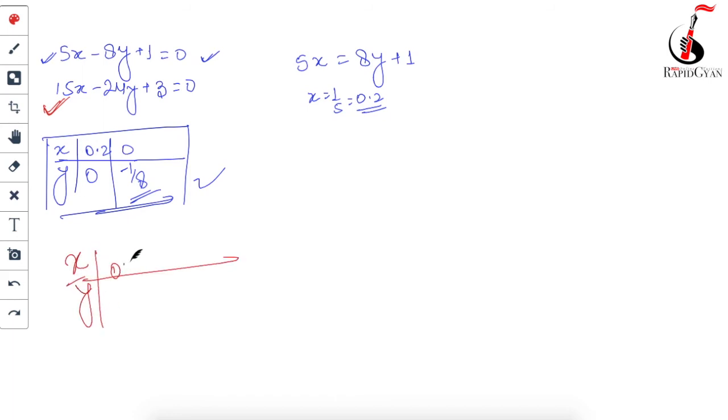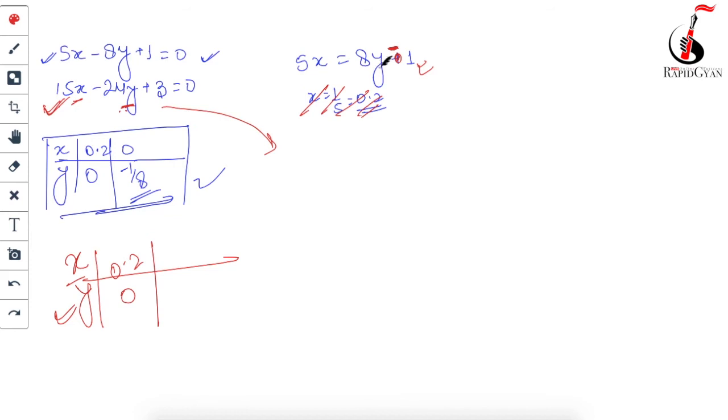If you want, you can check. See here, if I put y equal to 0, what I will get? I will get 15x... Hold on, this is not plus 1, this is minus 1. That's my bad. So if this is the case of minus 1, my values are going to change.